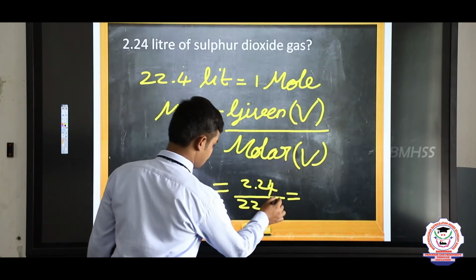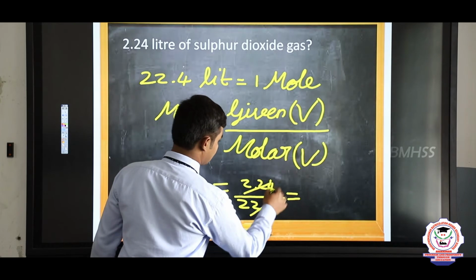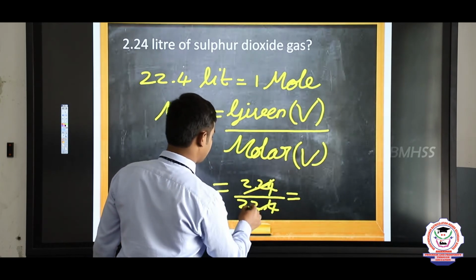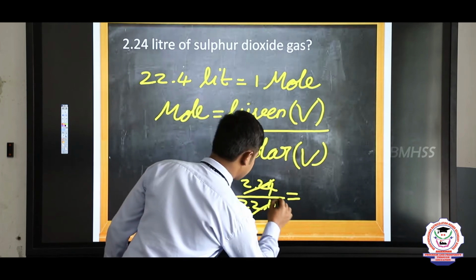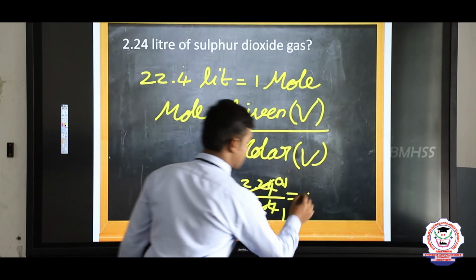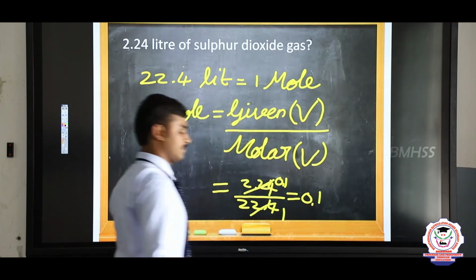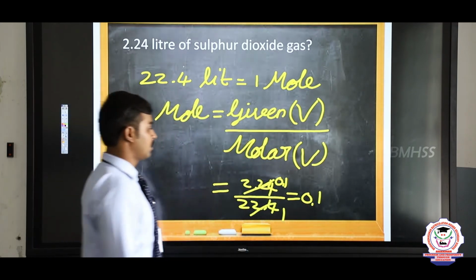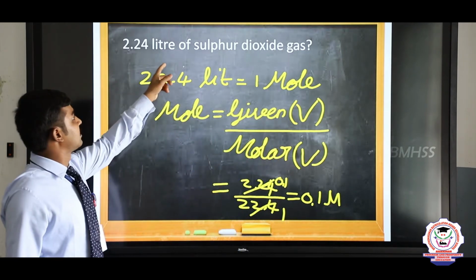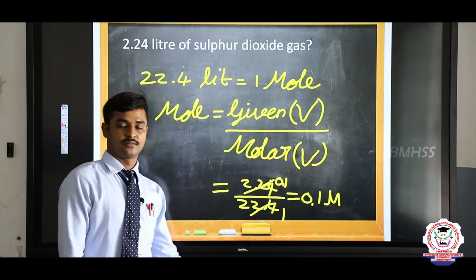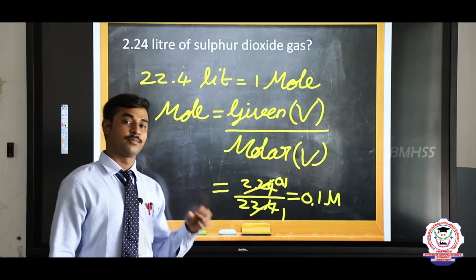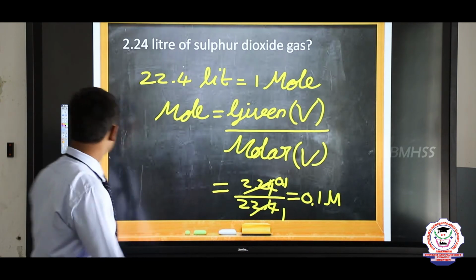So, when we strike out, we can get 1 and 0.1. So, the answer is 0.1. 0.1 mole is present in 2.24 liter of sulfur dioxide gas. So, we get a mole. From the mole, we need to find the mass of sulfur dioxide. Let us see.